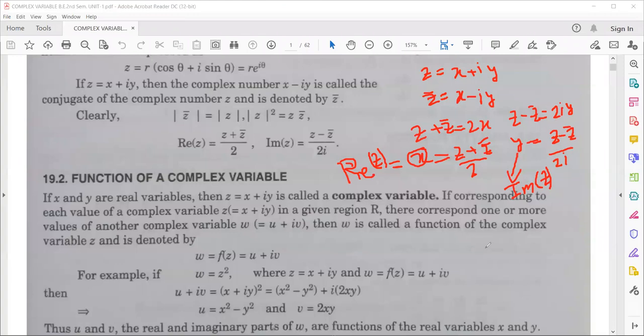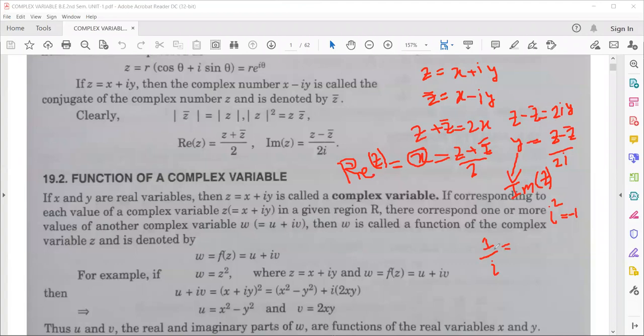Then one more thing you need to know is 1 upon i. What is the value of 1 upon i? Can you tell me, anyone? As you know, i square is equal to minus 1.